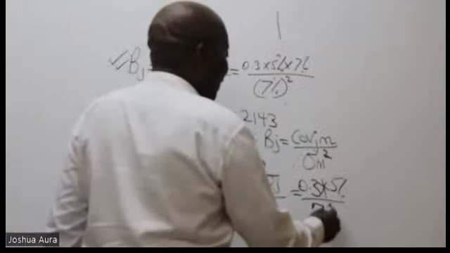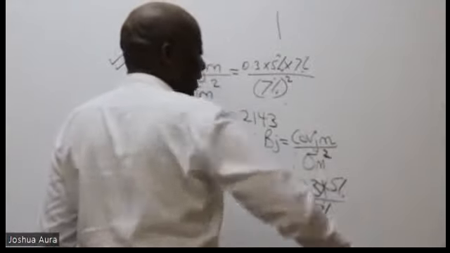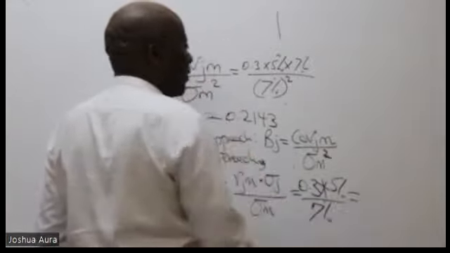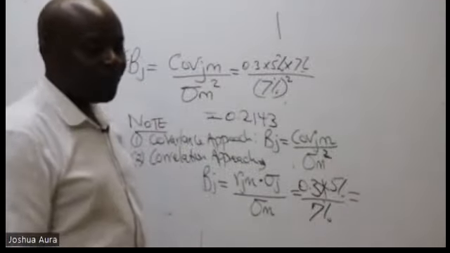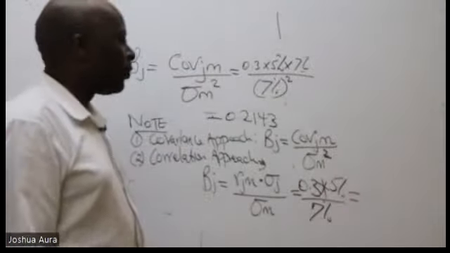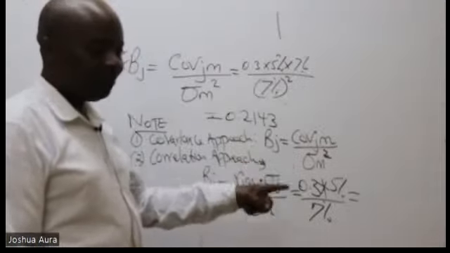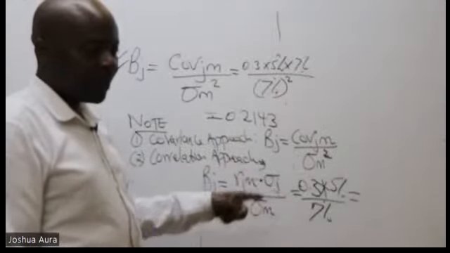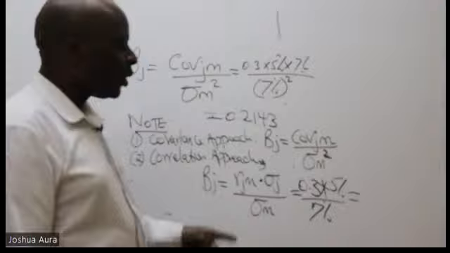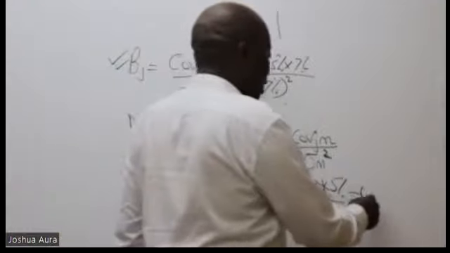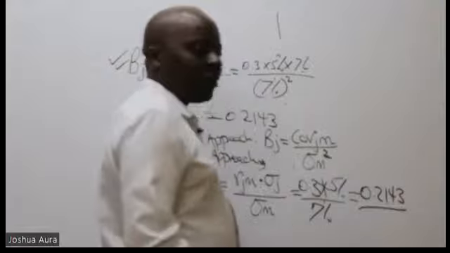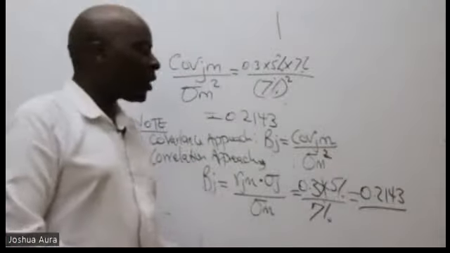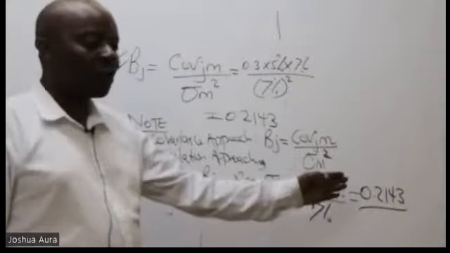If I wish, I can leave out the percentages because at the end of the day they cancel out, giving me the same figure, 0.2143.